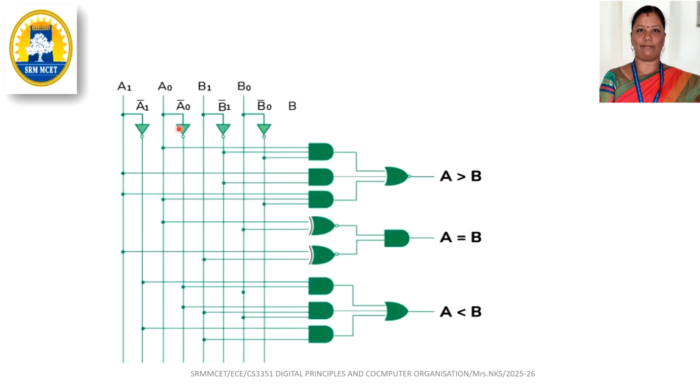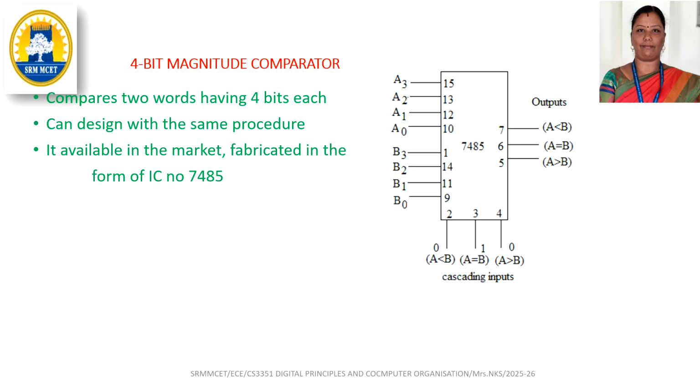This NOT gate is for complementing the input. So you can check each and every combination here and you will get the output. Likewise, we can go for a higher bit magnitude comparator also. In the market, we have 4-bit magnitude comparators fabricated in IC form.